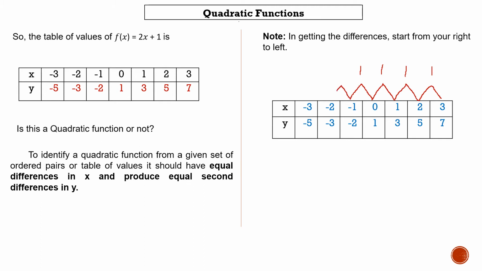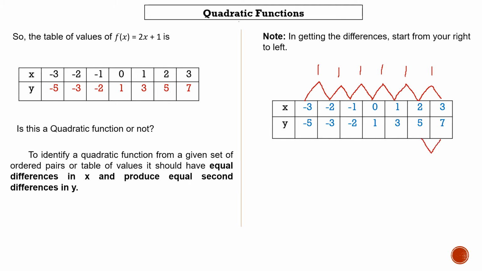Negative 1 minus negative 2, positive 1. Negative 2 minus negative 3, positive 1. As you can see, it produces equal differences in x. Let's now proceed to the differences in y.